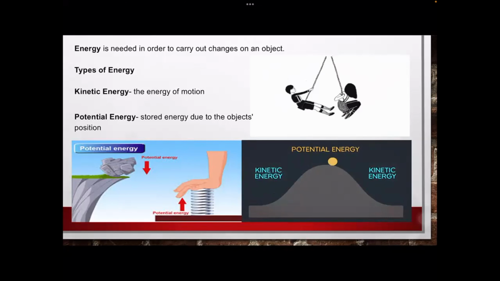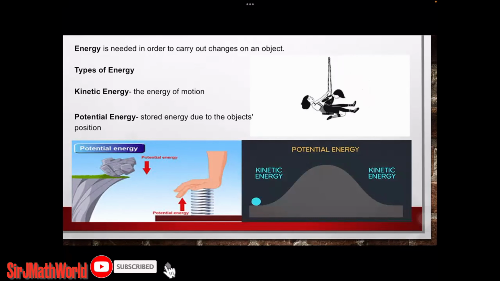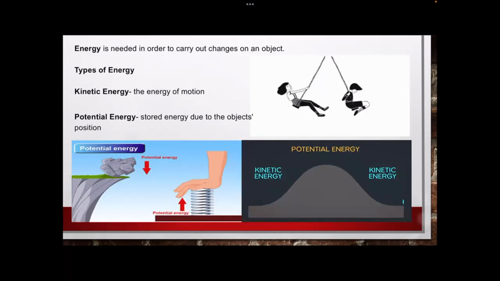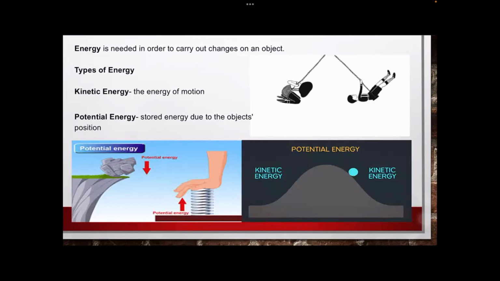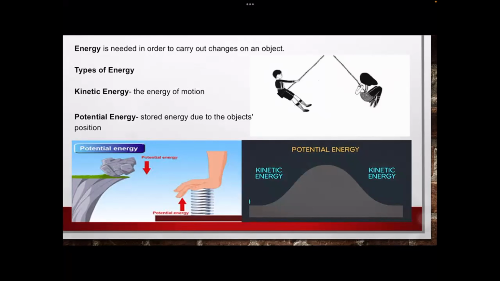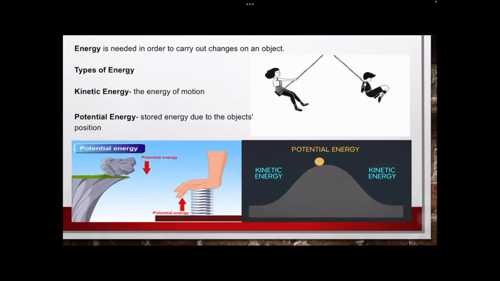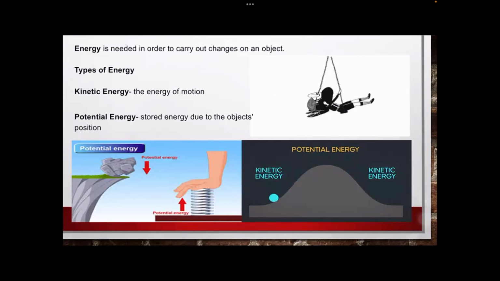So let's go to the energy. Energy is needed in order to carry out changes on an object. There are two types of energy. We have the kinetic energy, the energy of motion, and the potential energy, stored energy due to an object's position.